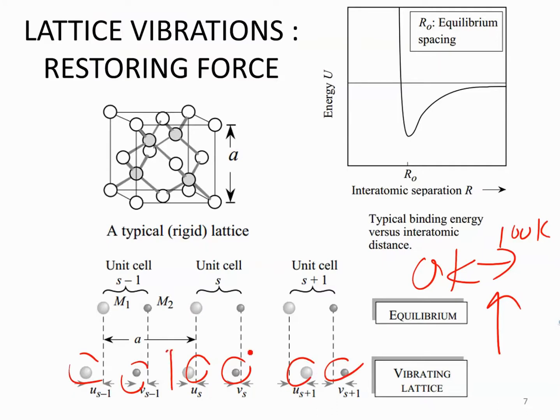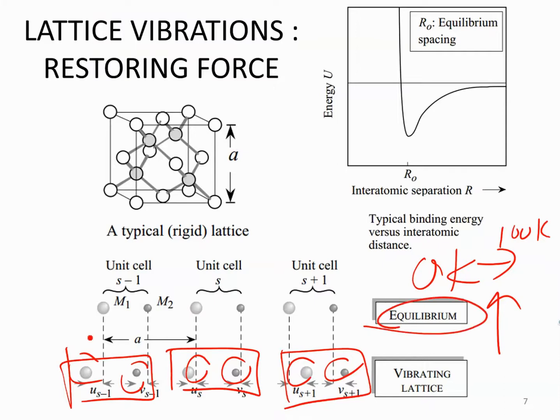And different atoms will have different degrees of movement. It depends on the source of the temperature or the source of the heat. So this is the equilibrium state, or static. This is a vibrating state.